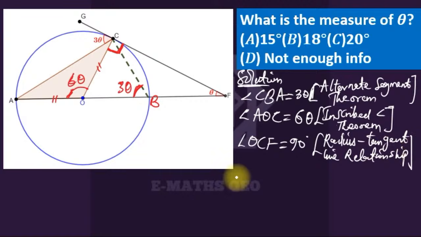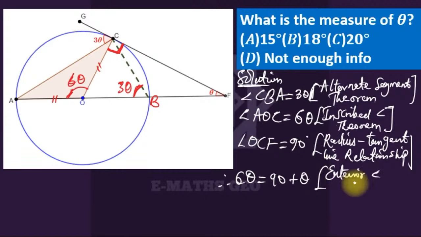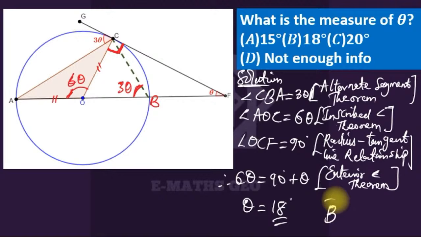Finally, we'll see that 6 theta is the same as 90 plus theta based on the exterior angle theorem. That's the sum of remote interior angles equals exterior angle. So from here we see that 6 theta minus theta is 5 theta. So theta is 90 over 5, which is 18 degrees. So this is our answer, option B.